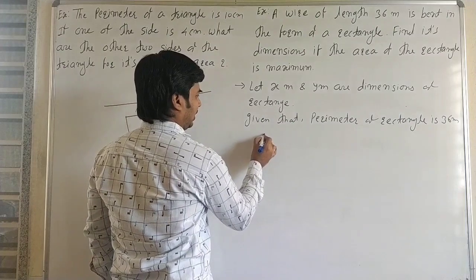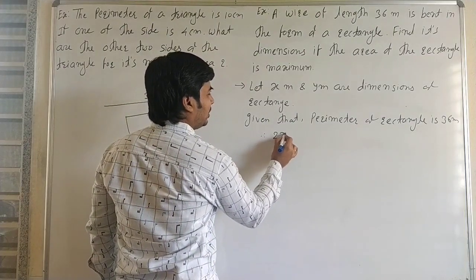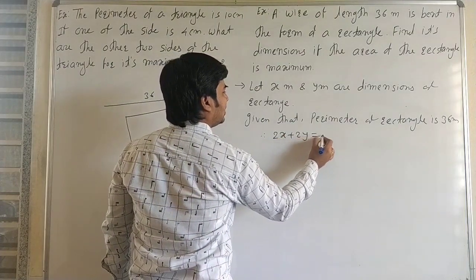Therefore, we can write the perimeter of the rectangle, 2x plus 2y, is equal to 36.